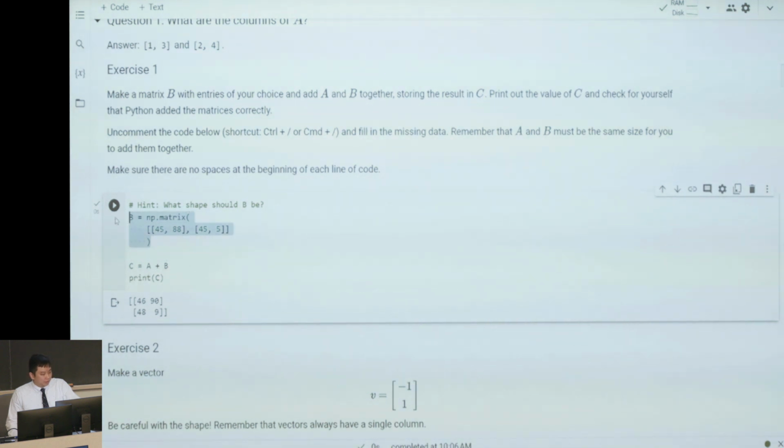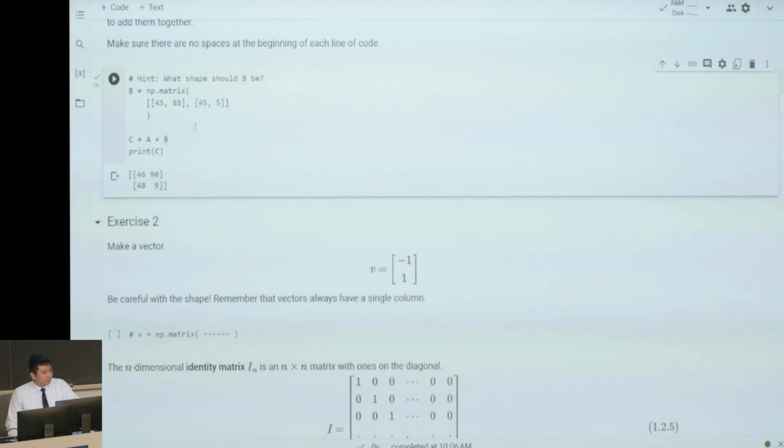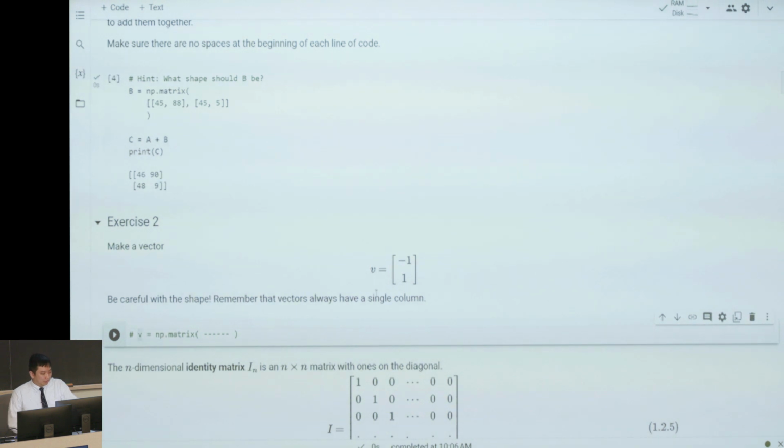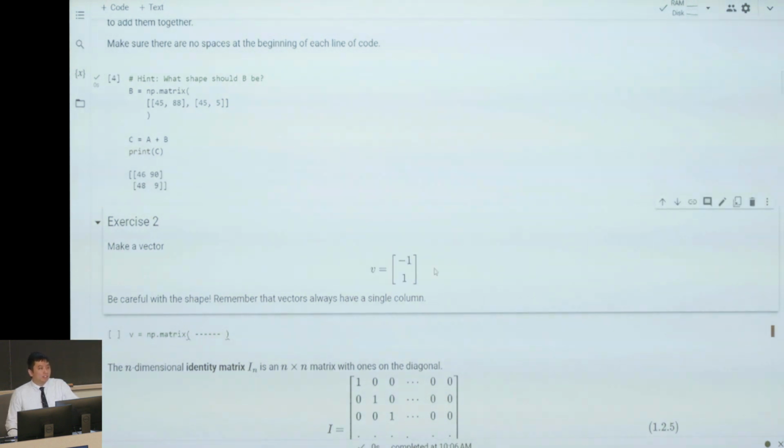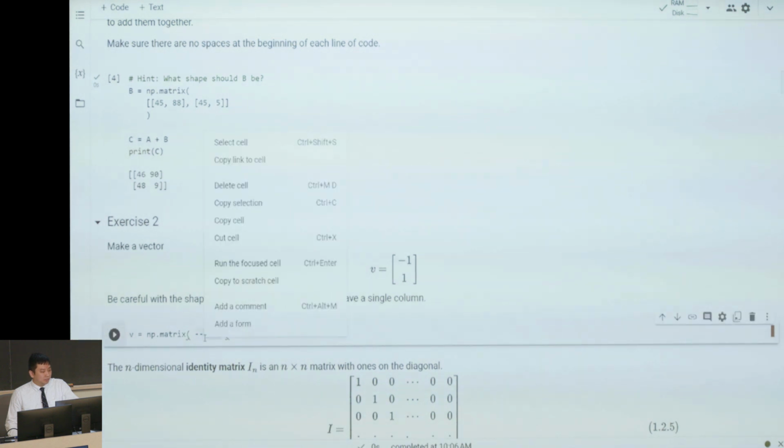All right, so with this syntax in mind, I want you to define this matrix, V, as a column matrix.